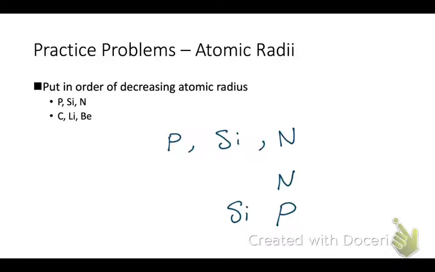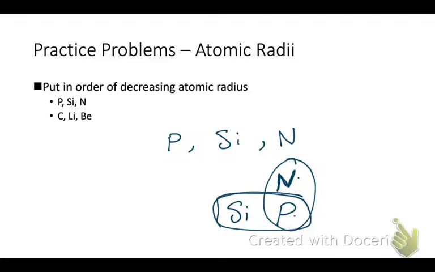So now when you look at this, between these 2, who is smaller? Well, we know that nitrogen is up, so nitrogen has to be smaller than phosphorus, okay?